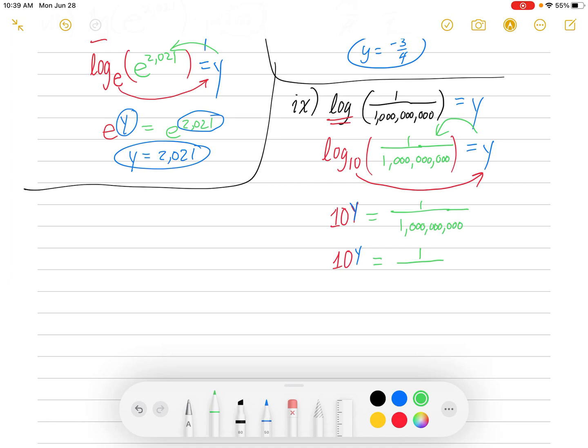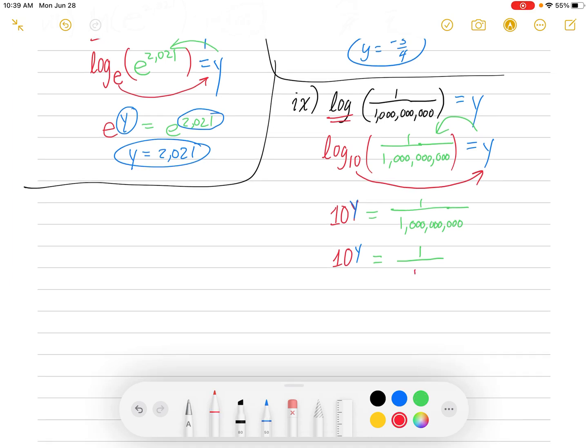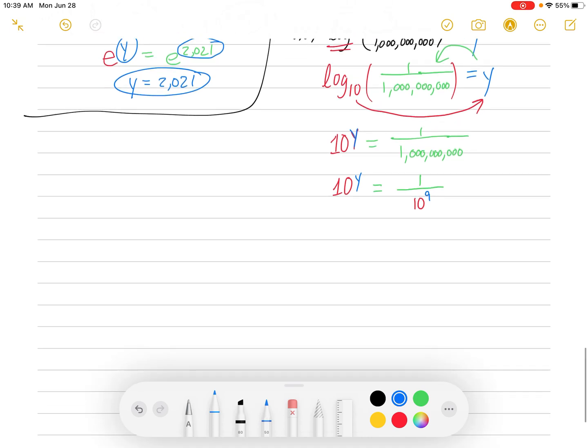So I think base 10 is good already. So we're going to leave on the left side 10 to the y. And on the right side, we're going to think about a billion. I'm going to leave the 1 on top for now, and on the bottom, I'm going to say, what's a billion? It's 10 to the 9th power, right? 10 to the 9th power is a billion, because there are 9 zeros. When there are 9 zeros, that means 10 to the 9th power.